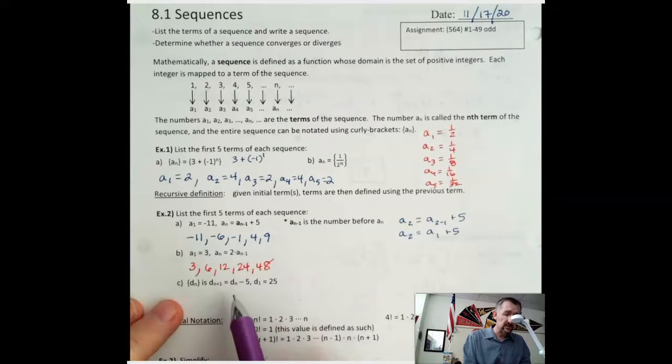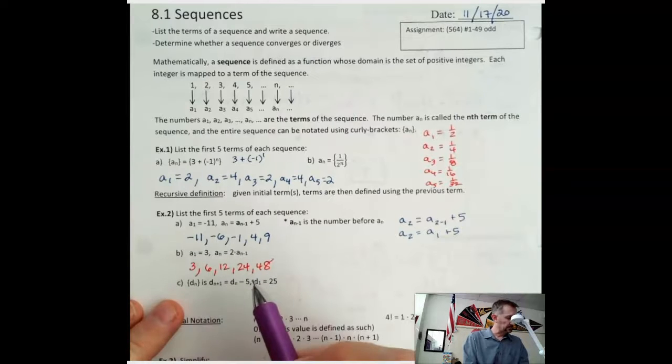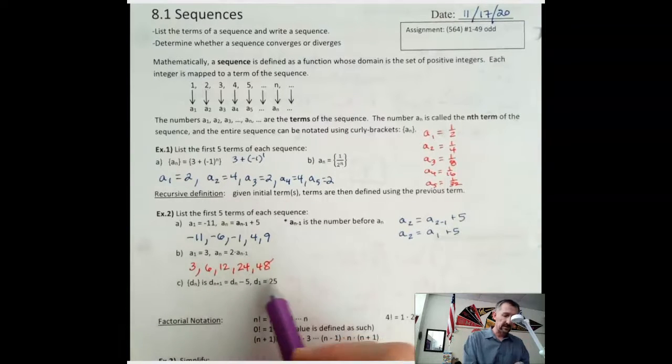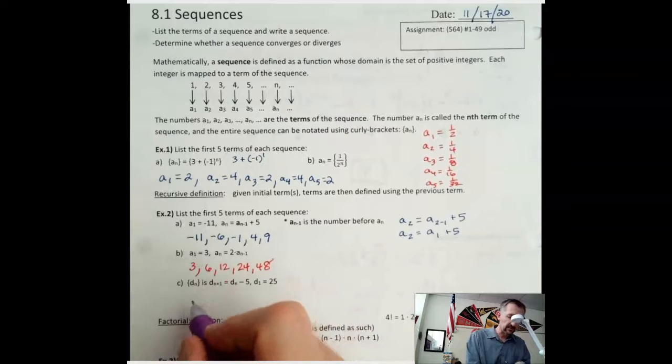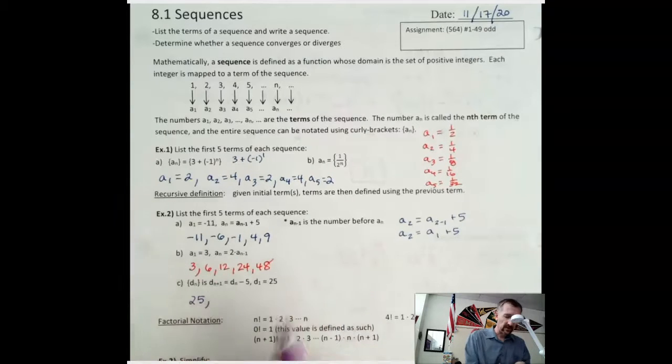And this last one, now it looks a little tricky, but they rearranged some stuff here. So the first number is 25. Now, this is still, d sub n is the number that occurs before d sub n plus 1. So we're just subtracting 5 from the number that occurred before it each time.